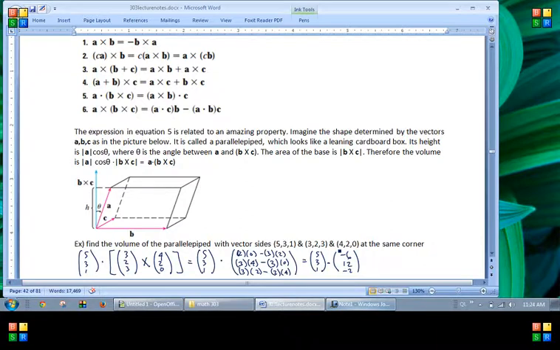And now we have to finish by taking the dot product with the third vector. And that gives you negative 30 plus 36 minus 2. And that just gives 4.